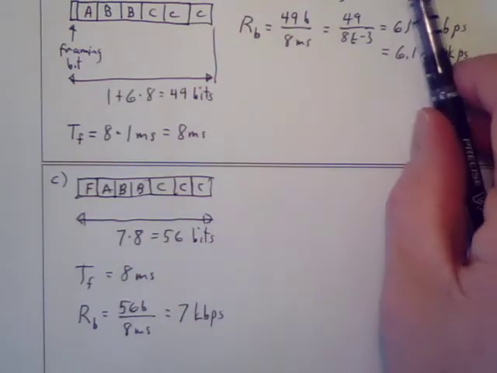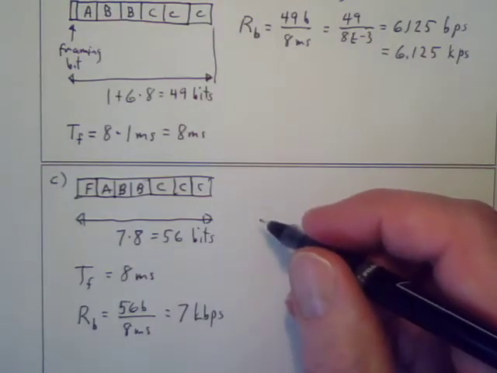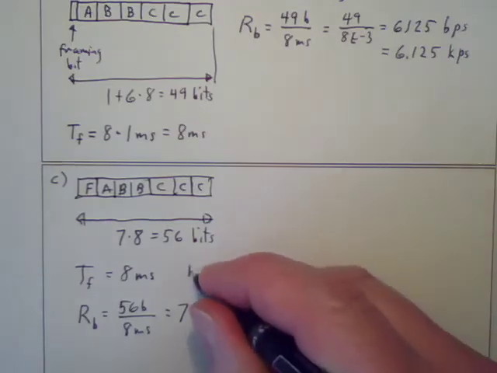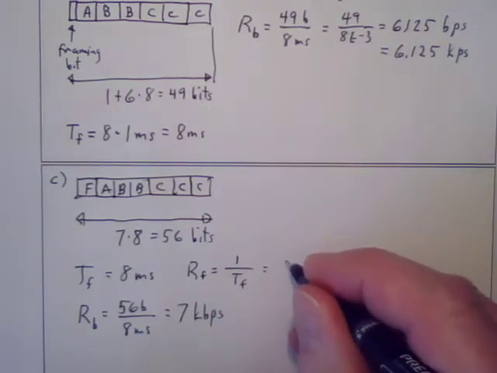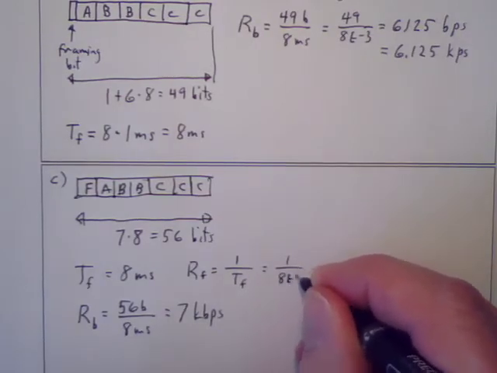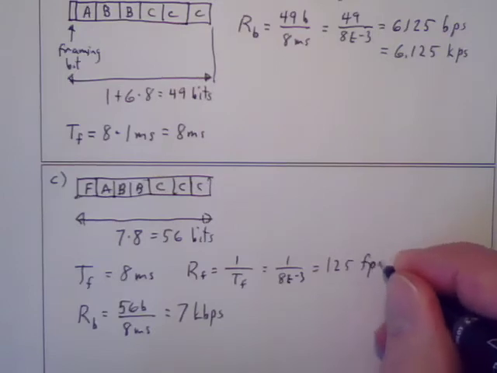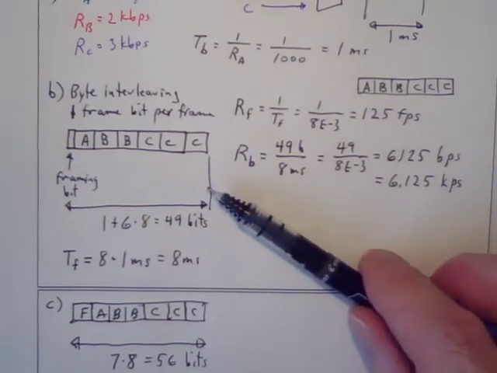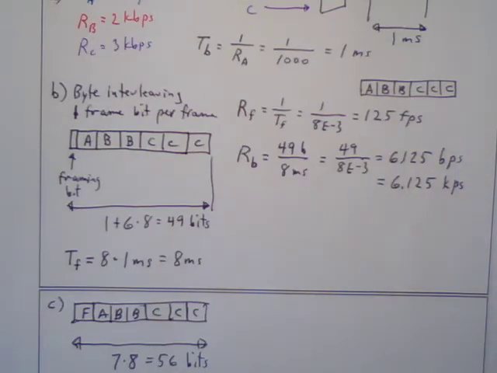The frame rate is 1 over the frame time, 1 over 8 times 10 to the minus 3, or 125 frames per second, the same frame rate as in part B.